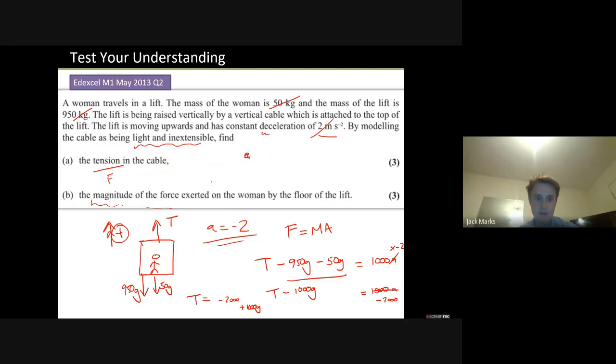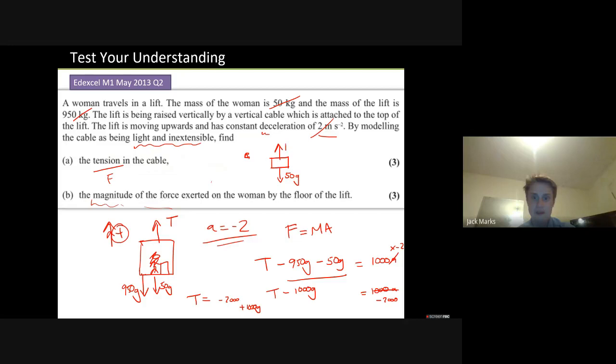So if we talk about the woman and the floor, let's have a think about this. I'm going to stop drawing it like this and start drawing it like a block. It's easier for me to think about. So the woman here is a particle, and we want the magnitude of the force exerted on the woman by the floor of the lift. What force does she have? She has 50g downwards because that's her weight.